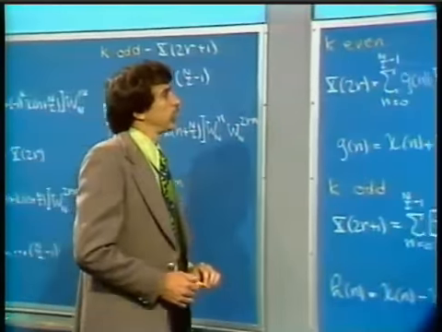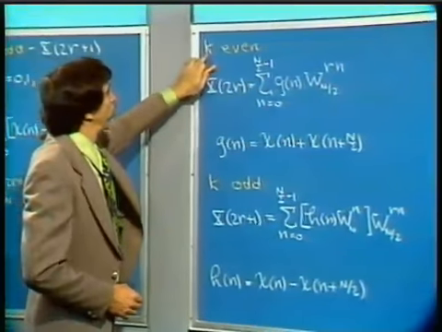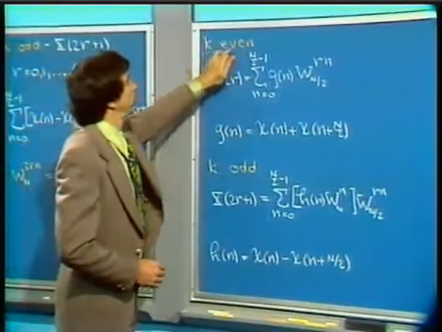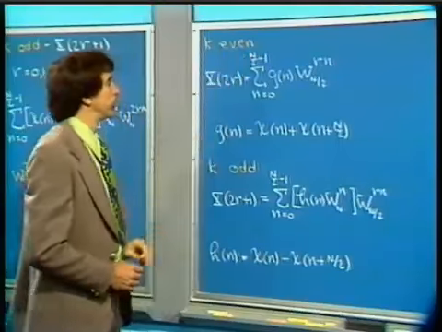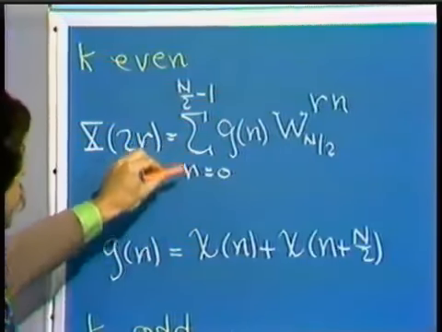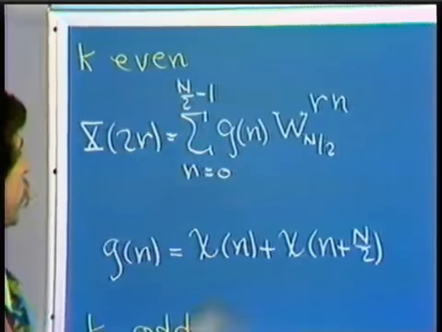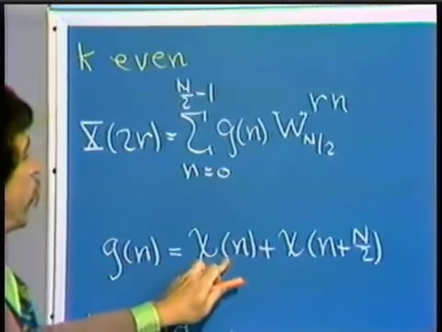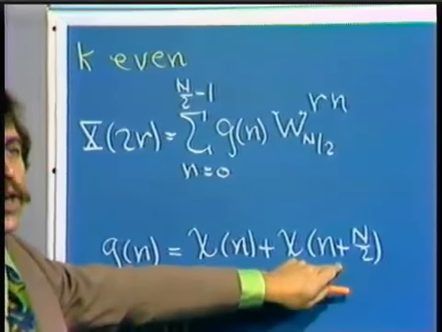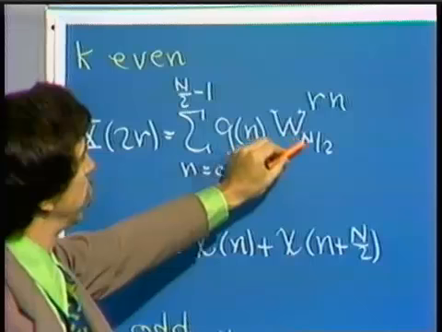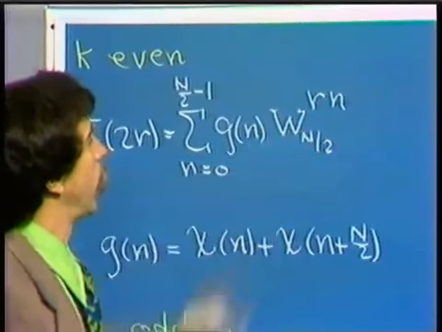we recognize that for the computation of the DFT for the output index even, the computation can be reduced to a sum of a sequence g of n, where g of n is the sum of the first half and the last half of the input data points, multiplied by W sub capital N over 2 to the rn.